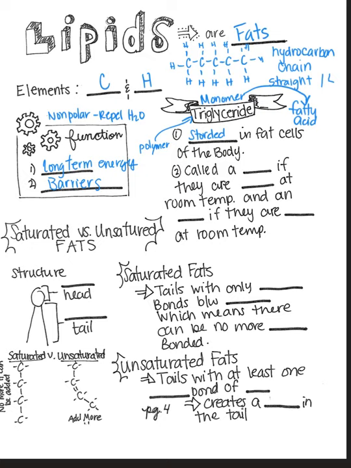If we go to the store and we go to the cooking section, we see all different sorts of fats. We see solid fats and we see liquid fats, so fats or oils.